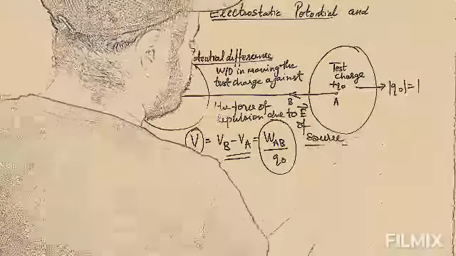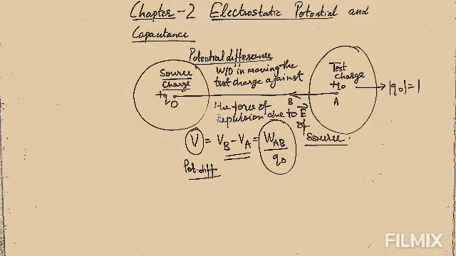Why the repulsion force will act over here? Because both the charge are positive in nature. If the charge polarity is same, then they will be having the repulsion force between them. So this is the concept of potential difference.